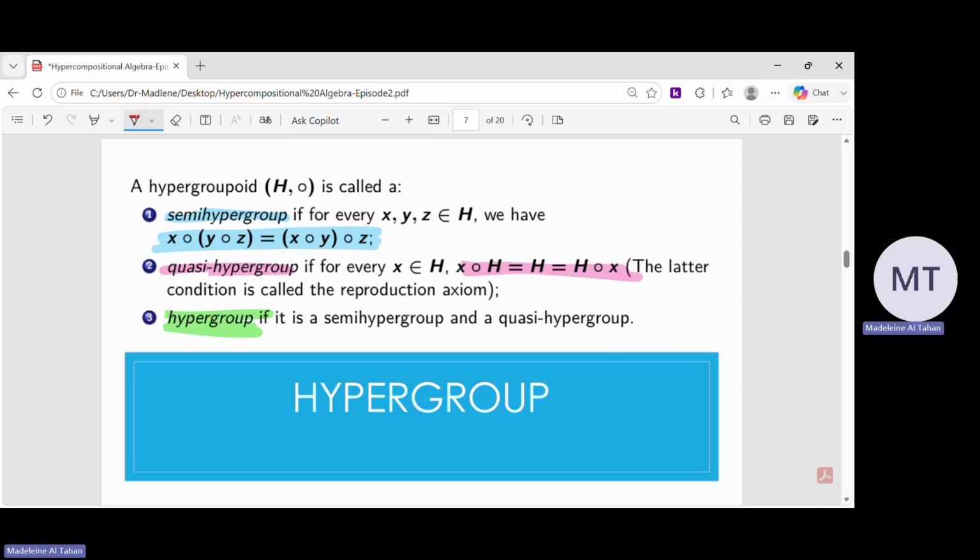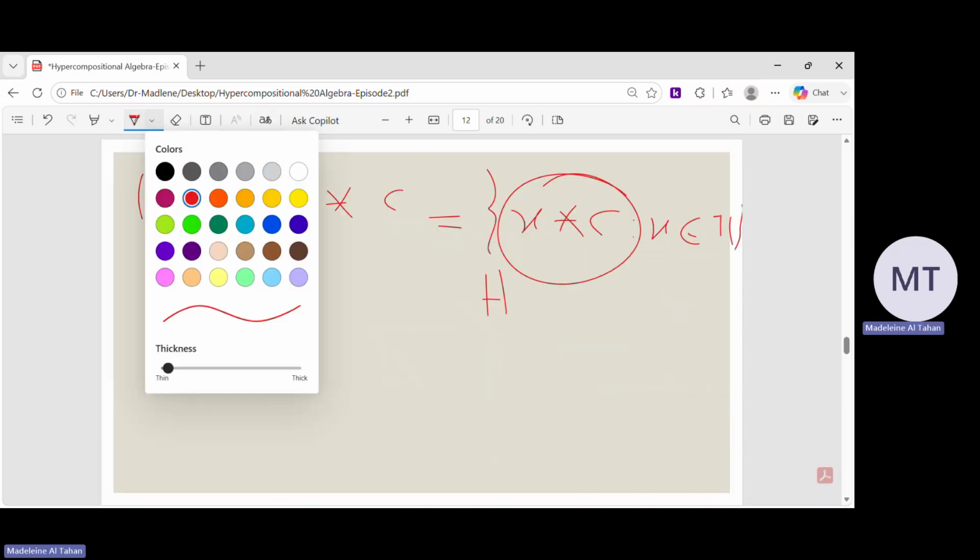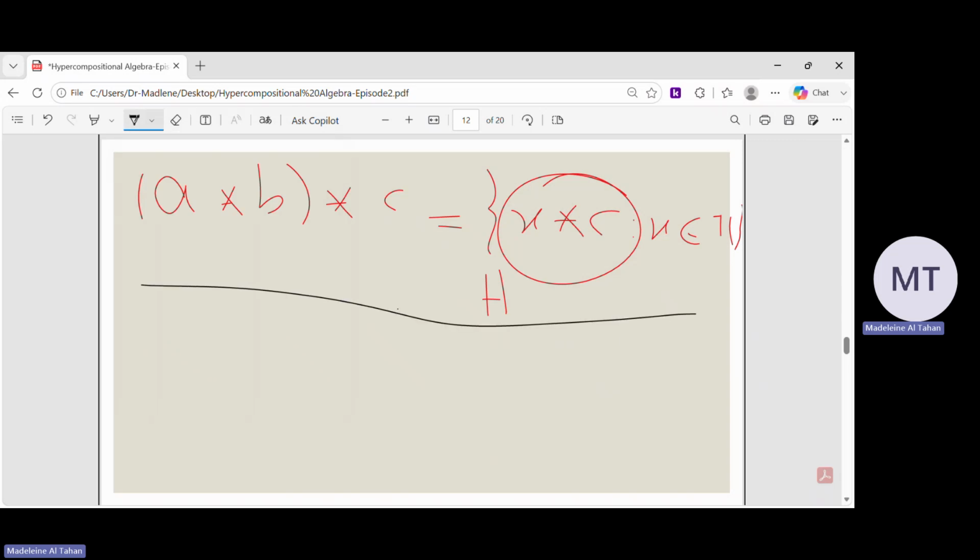Now the next step, we need to prove that it is a quasi-hypergroup. To prove that it's a quasi-hypergroup, our aim is to show that x star H, or a star H for example, is equal to H, and it's equal to H star a.